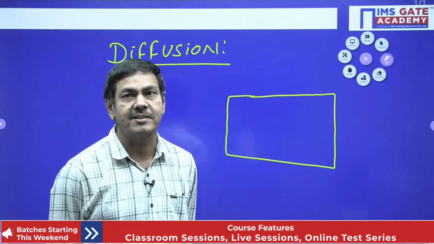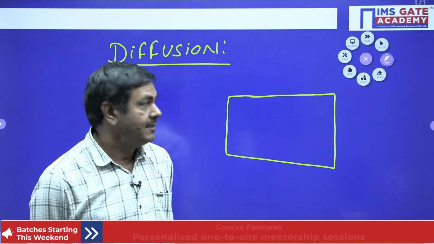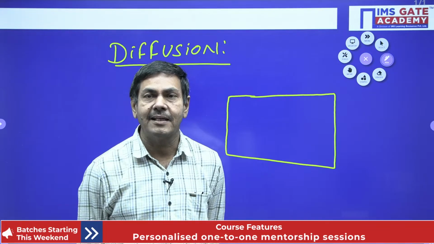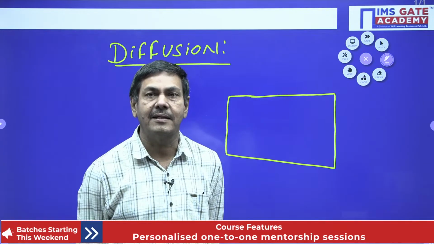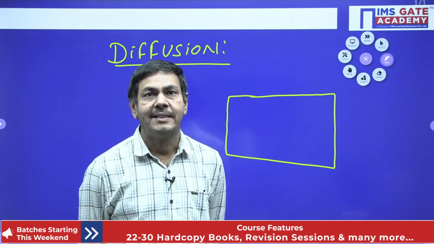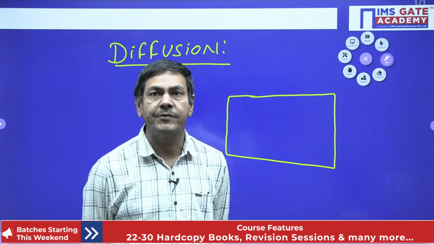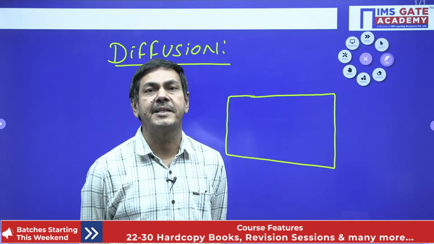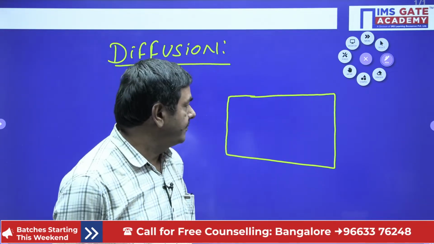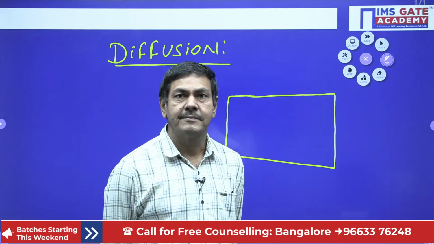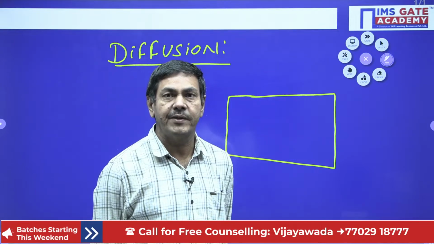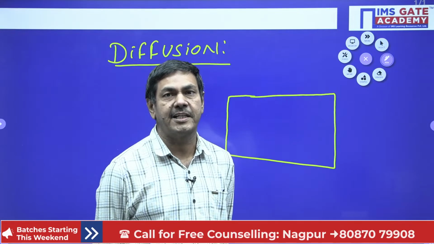One side the concentration of electrons or holes is higher, and on the other side the concentration is lower. In that case, the mechanism of diffusion is going to initiate in the semiconductor. Catch my point, what I said. If in a semiconductor the concentration gradient exists, then we can find the mechanism of diffusion.